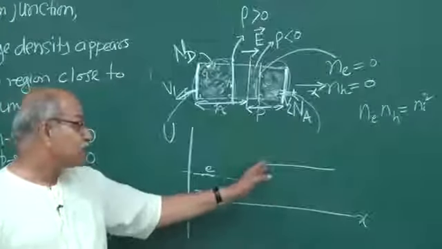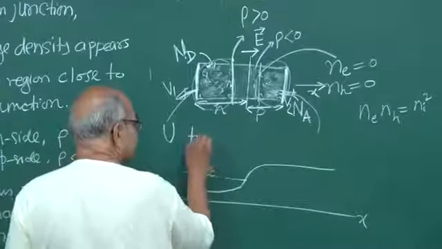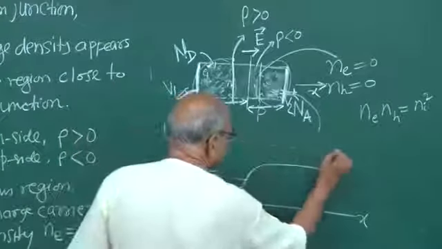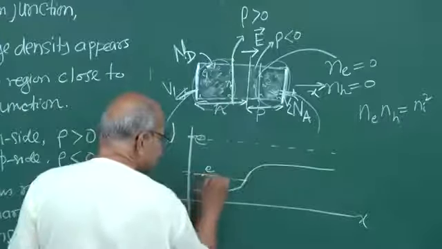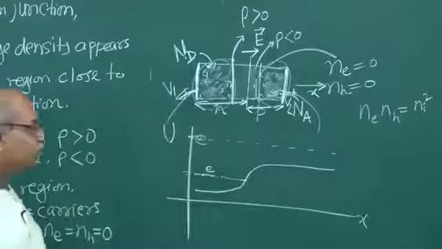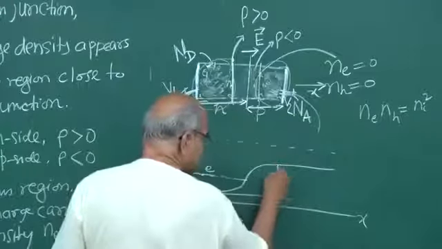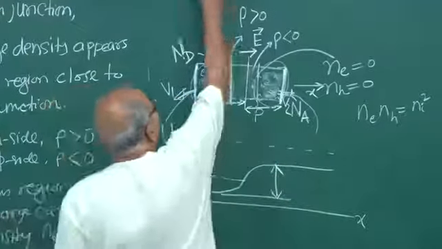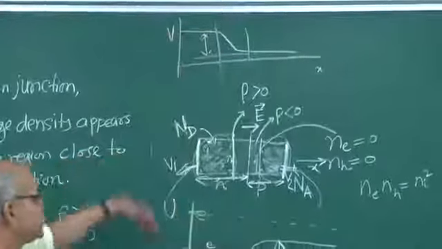If the electron has this much energy, then this electron can go into this region. But if the electron has only this much energy, it cannot penetrate, at least classically. So this height, this difference, is the same as this difference. The units are different: this is voltage, this is energy.